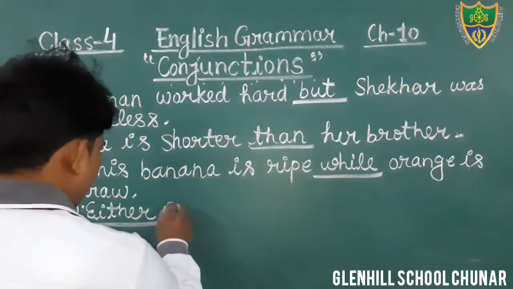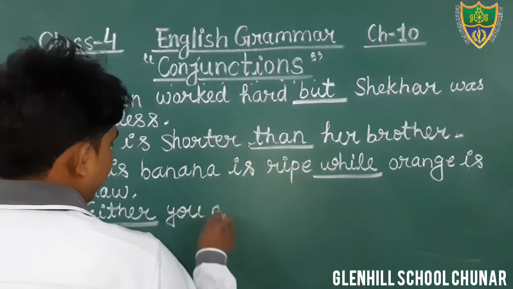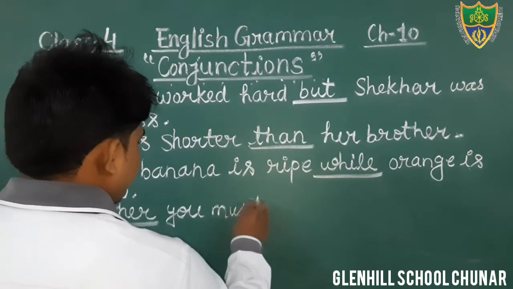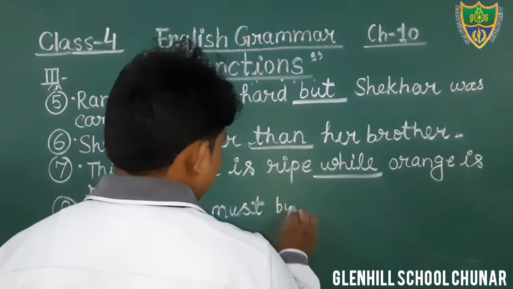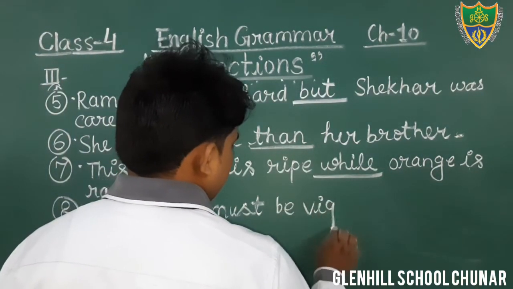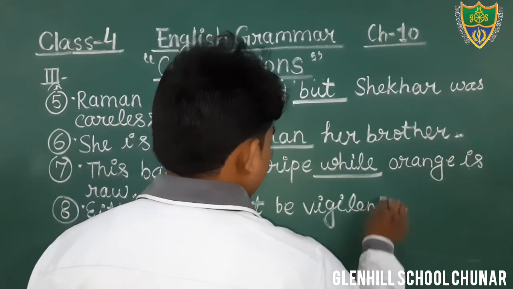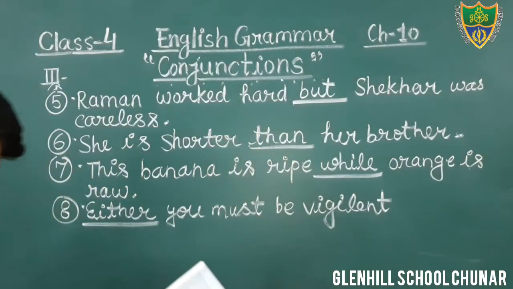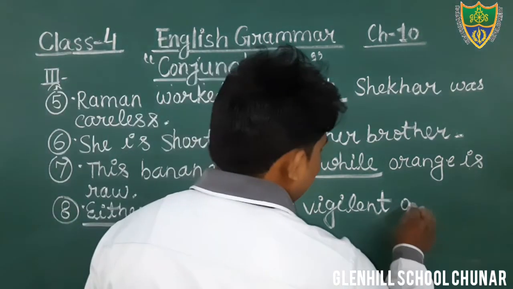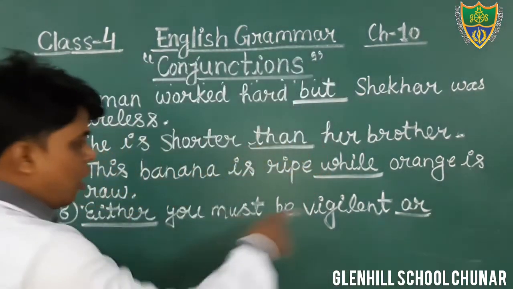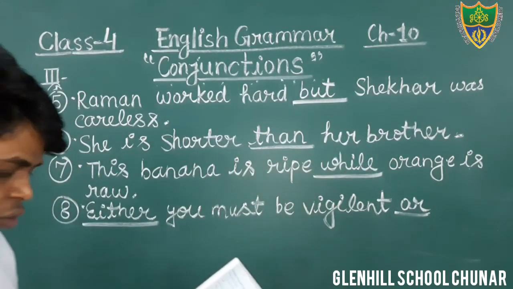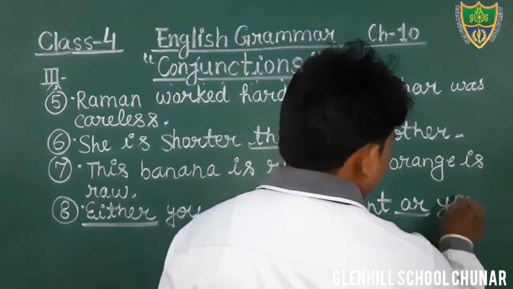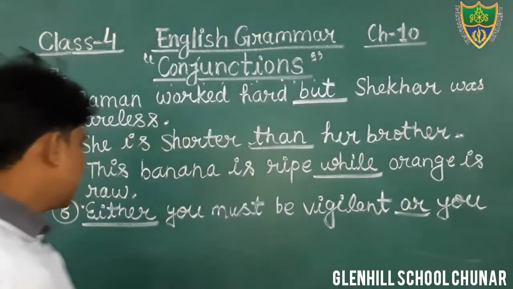Either you must be vigilant or, it is also conjunction either or. Either you must be vigilant or you must leave the shop.